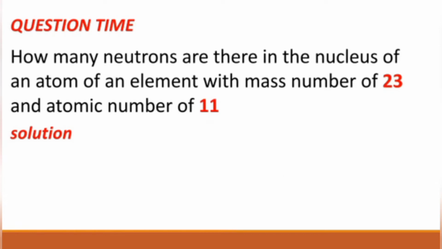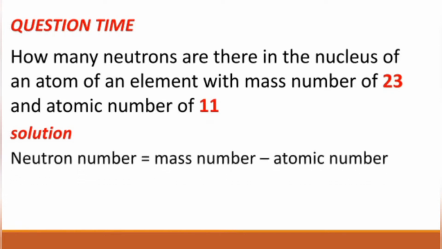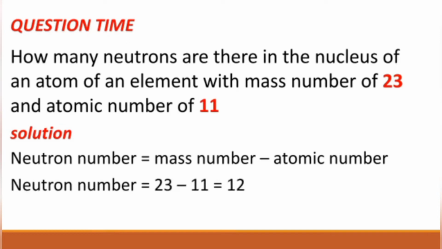Neutrons. So therefore, number of neutrons will be equal to mass number minus atomic number. And from the question, the mass number is 23, while the atomic number is 11. Therefore, the neutron number will be equal to 12. If that was your answer, you were correct.